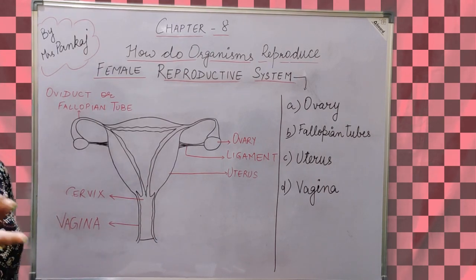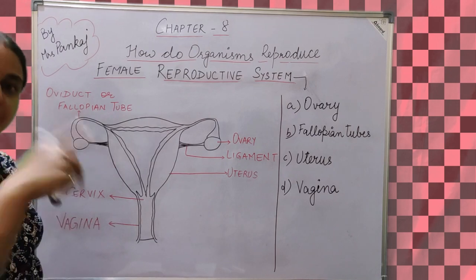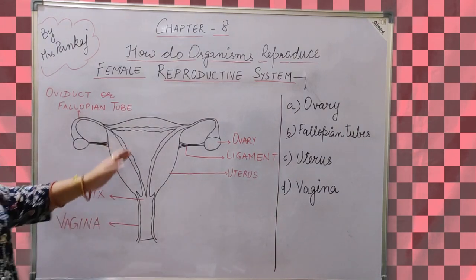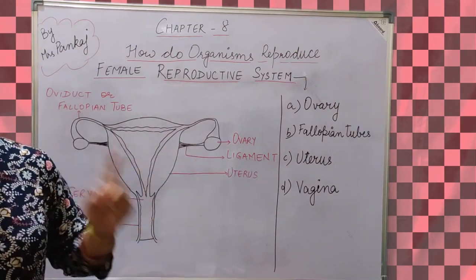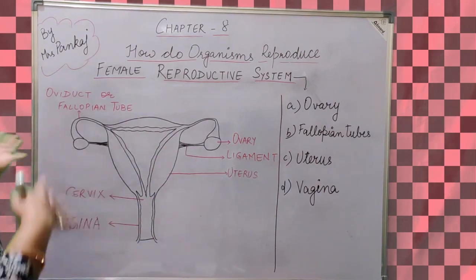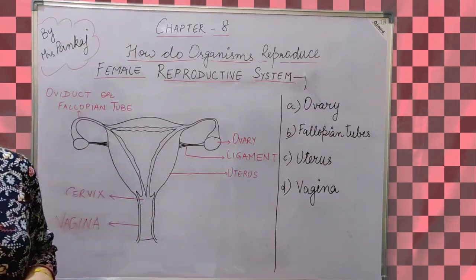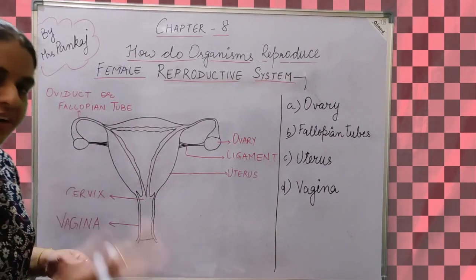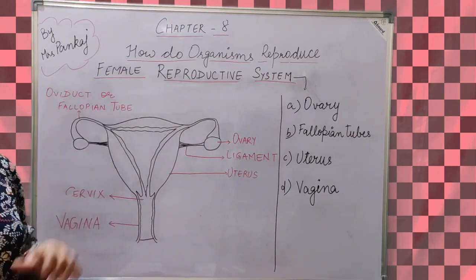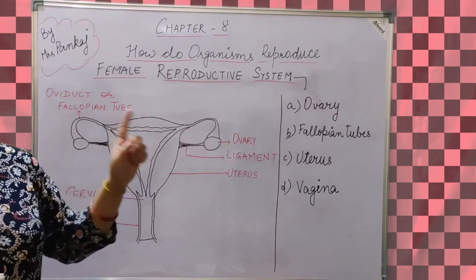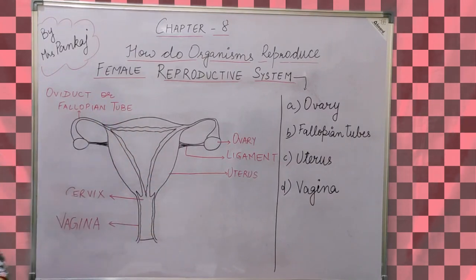You have already heard about Graafian follicles. They are these Graafian follicles. The production of ova starts with puberty. I earlier discussed that all these changes, all these things occur after the age of puberty. When male and female both attain the age, then these start producing the female egg, or we can say ovum.